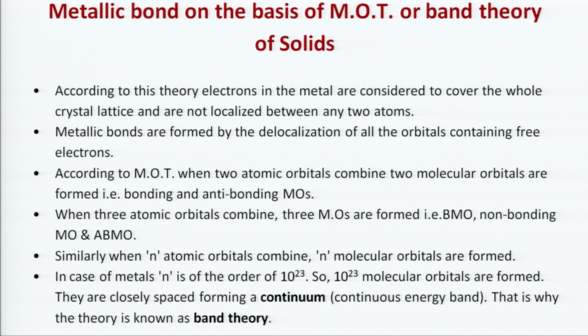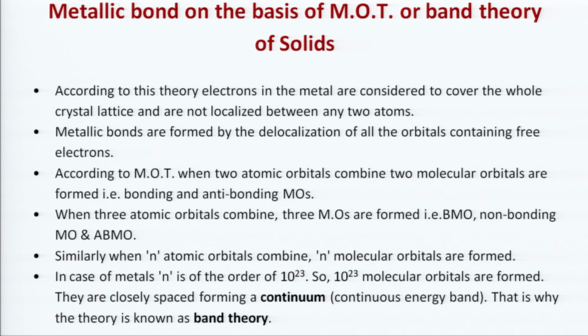Then, according to MOT, when two atomic orbitals combine, two molecular orbitals are formed. This we have been studying earlier also, which we called the law of conservation of electronic state. Now, the same follows here also, but in case of metals, when two atomic orbitals combine, they form a BMO and an ABMO, bonding and anti-bonding MO.